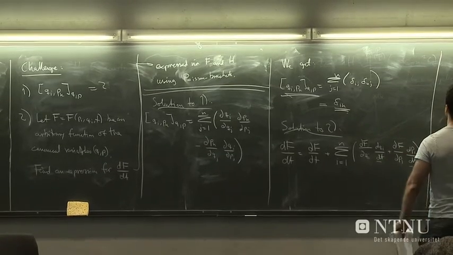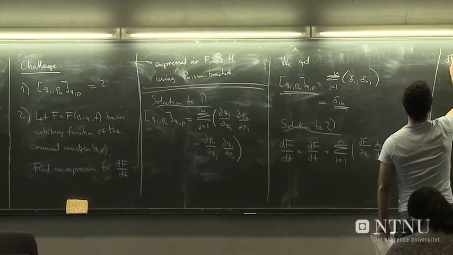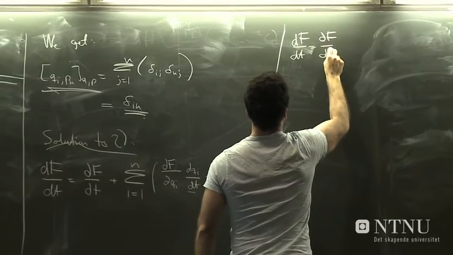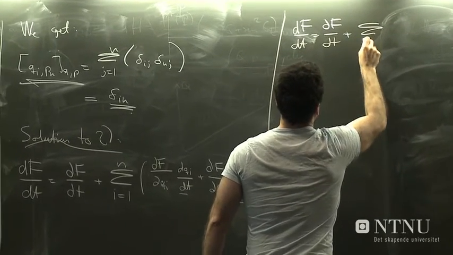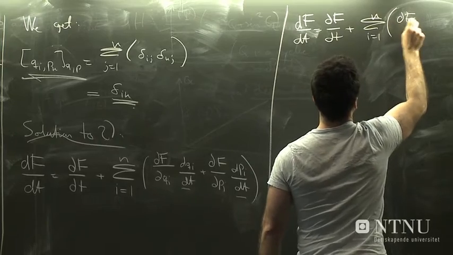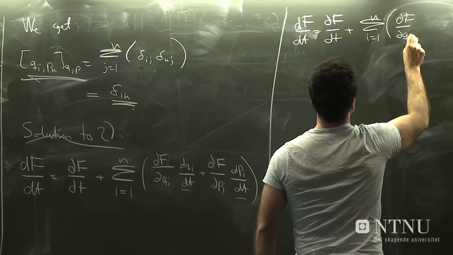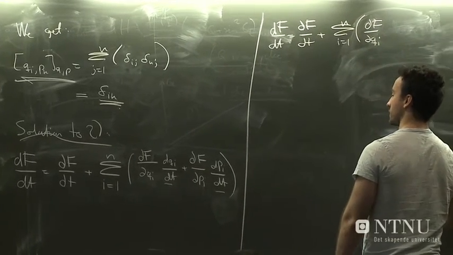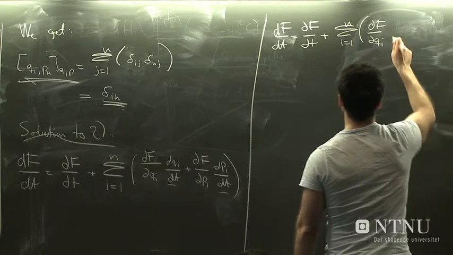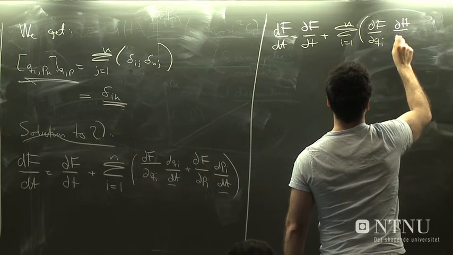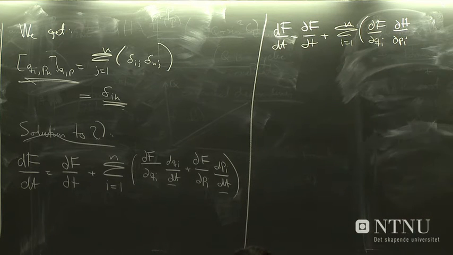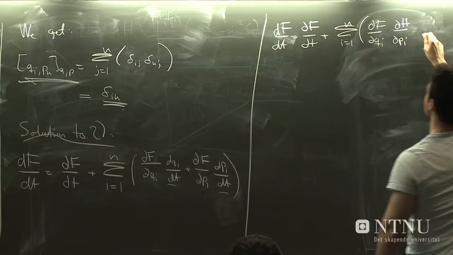All right, so then we get the first one, which should be q dot, which is equal to dH/dp_i.